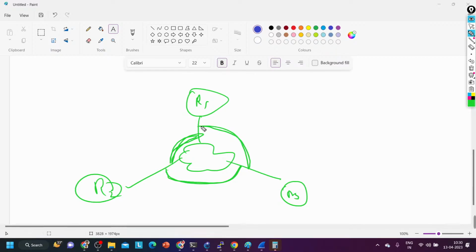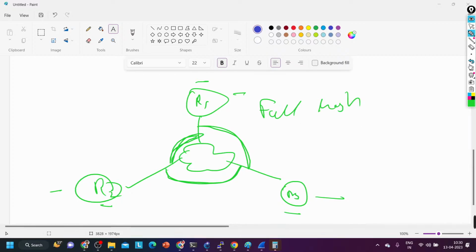While doing DMVPN we will understand this thing in detail, don't worry. But if I have 3 circuits, between headquarter and branch 1, between headquarter and branch 2, and between branch 1 and branch 2, this is which type of topology? Full mesh or hub and spoke? Full mesh topology. Yes or no? Again, all my branches are connected with each other. This is my full mesh topology.